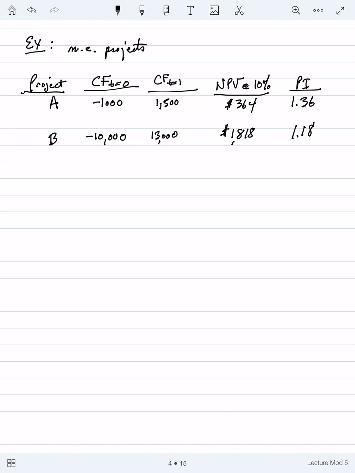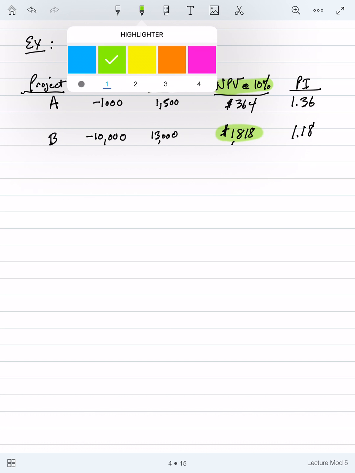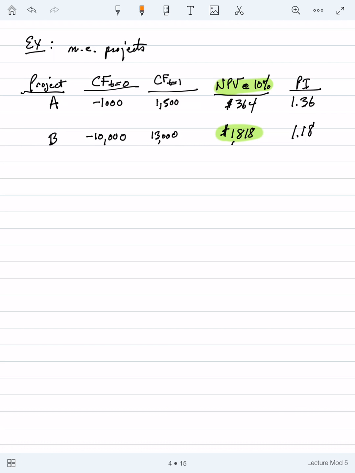The example illustrates that if you had to take one or the other, and the projects are mutually exclusive so we can only take one, the NPV rule tells us to take project B. The NPV rule says project B adds more wealth.